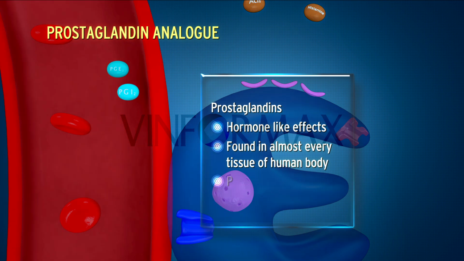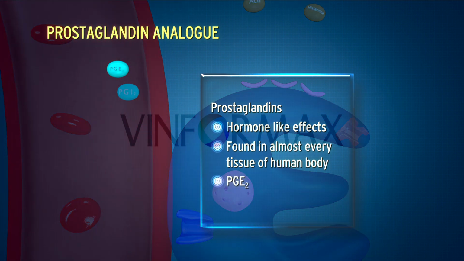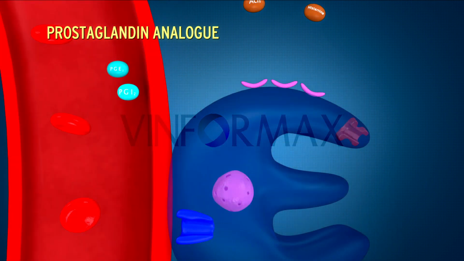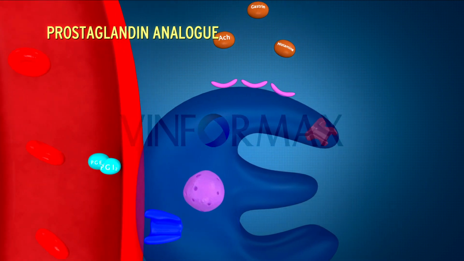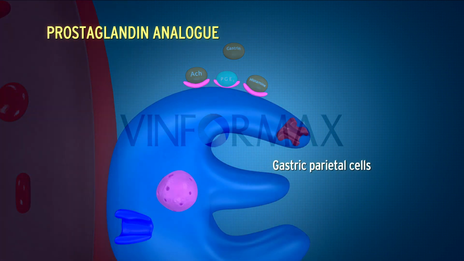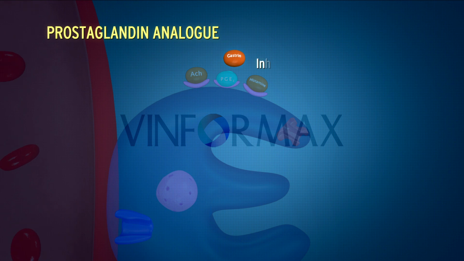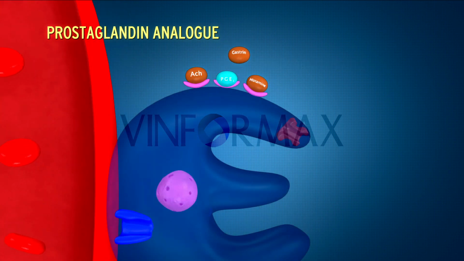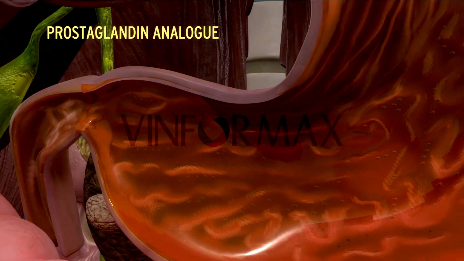Prostaglandins such as prostaglandin E2 and prostaglandin I2 are produced in the gastric mucosa. Prostaglandins act on gastric parietal cells. It inhibits gastrin release and hence inhibits further acid secretion.